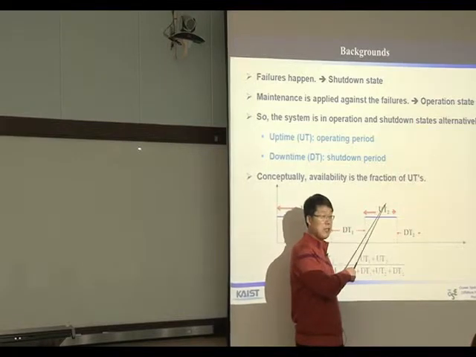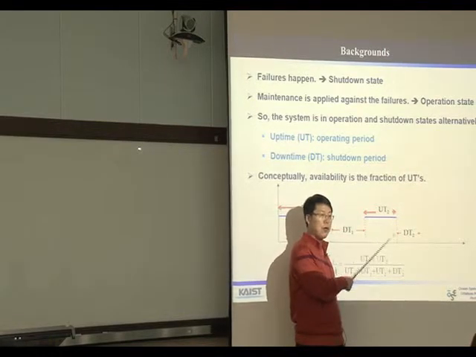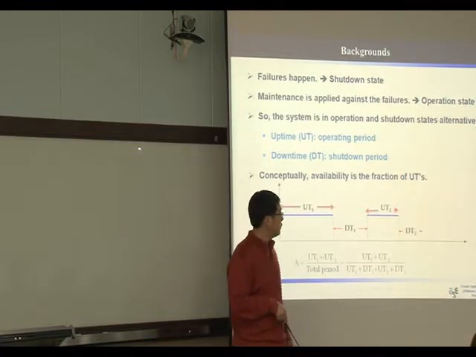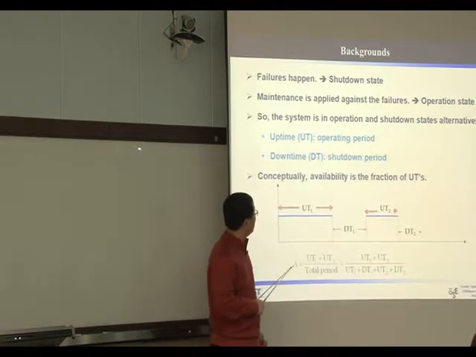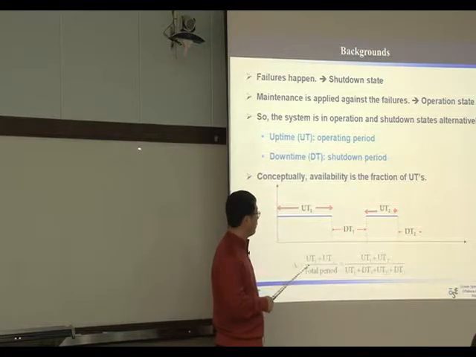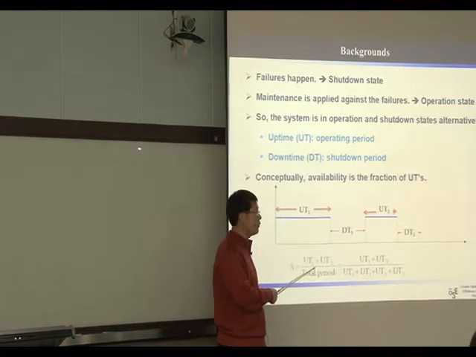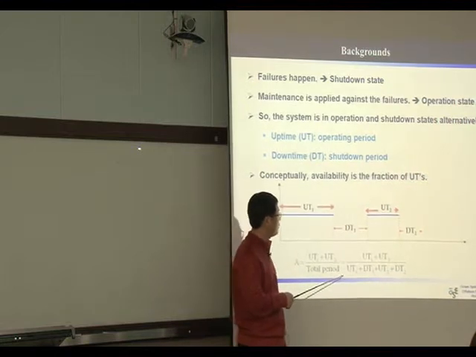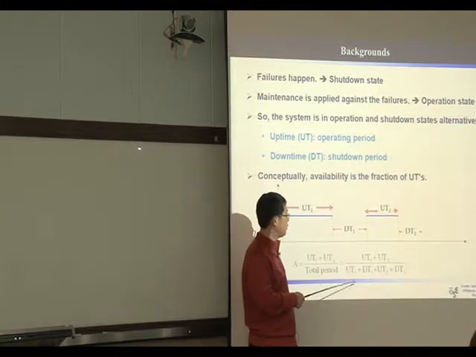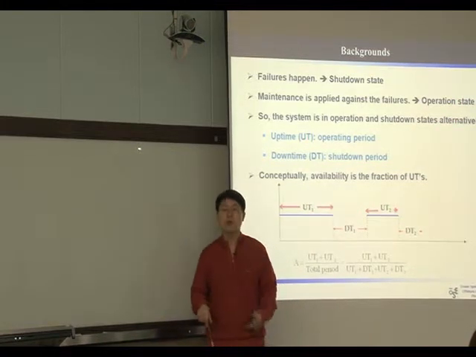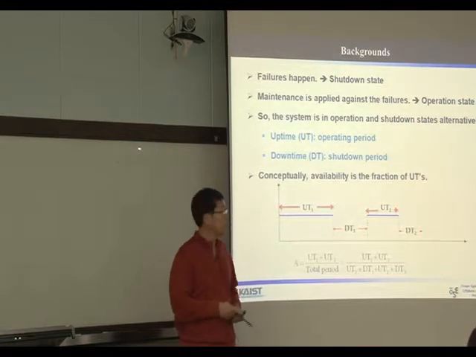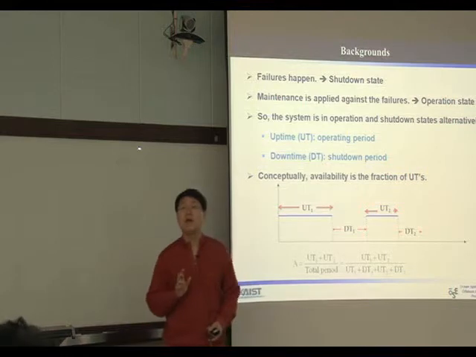After UT2, we have another failure and shut down the plant. Now, production availability. Availability is the fraction of uptime. Because the total period is uptime plus downtime, the availability is UT1 plus UT2 over UT1 plus DT1 plus UT2 plus DT2. This is the definition of availability.